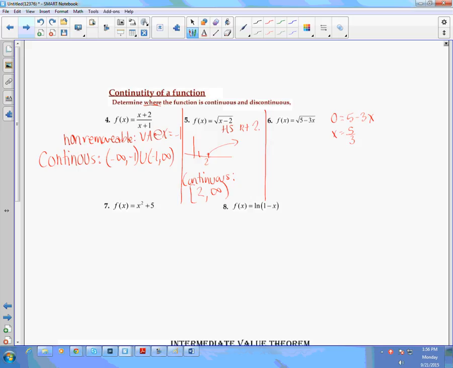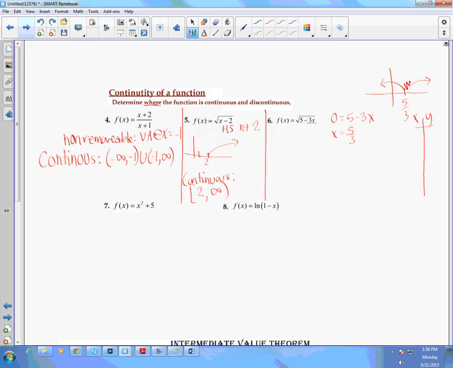Now the question is, x equals 5/3. Does the square root go this way or does it go this way? How do I know that it goes left? Because the x is negative. Or you can just take values and look at what happens. Is it going left or is it going right? But the x is negative, so we have to work with the flip.